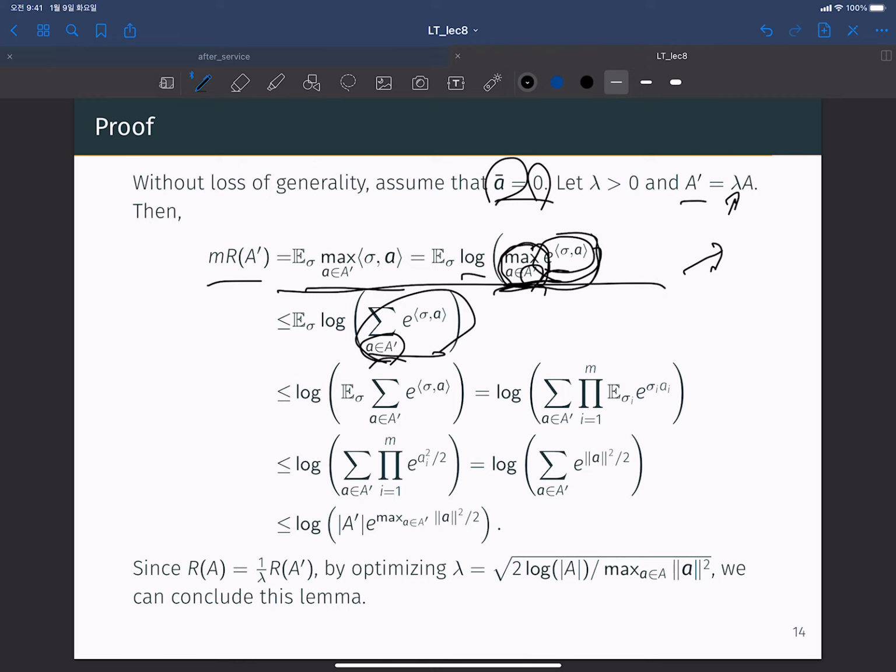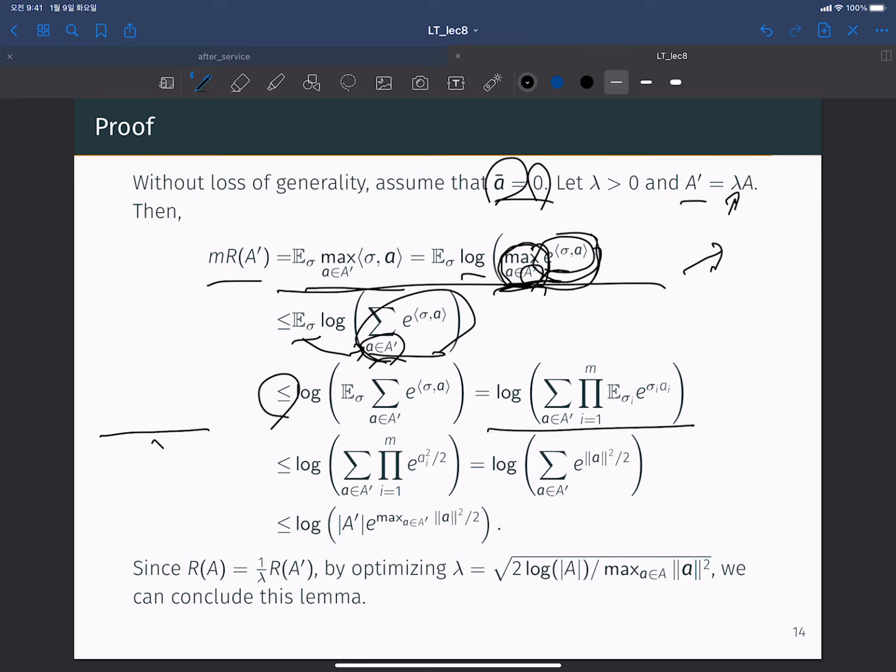Alright, and then by Jensen's inequality, we can put the expectation inside the log function with this inequality sign, and this is equal to this because each sigma i is independent, right? And we use some simple trick. I encourage you to check the book for the detailed proof.